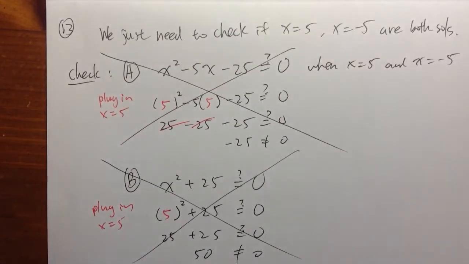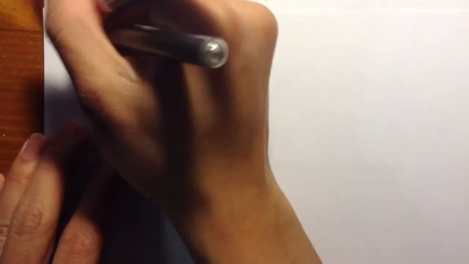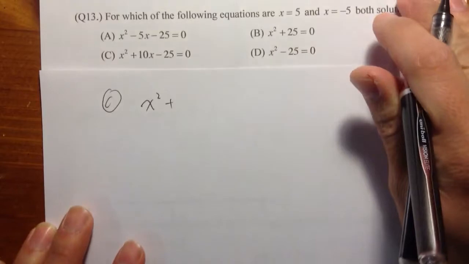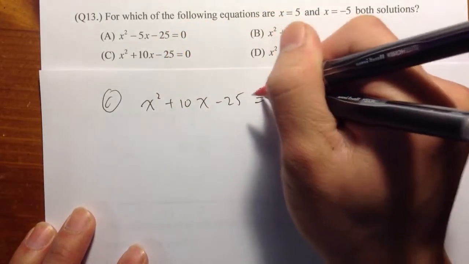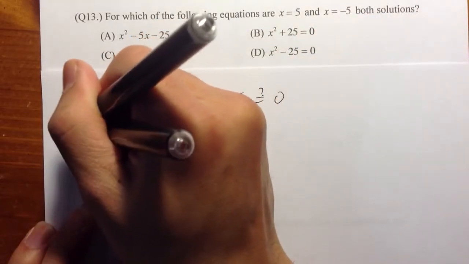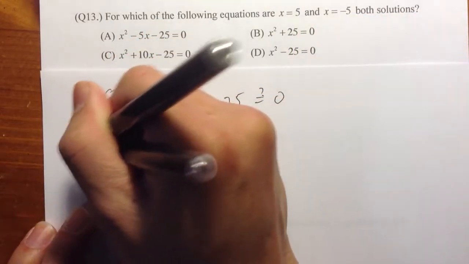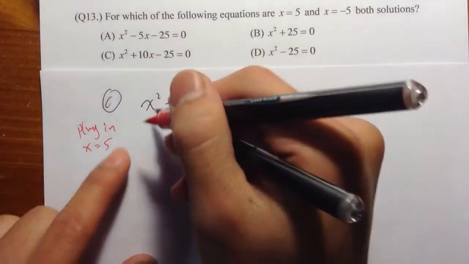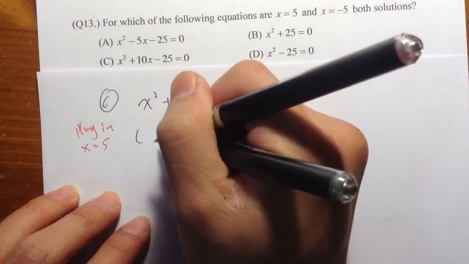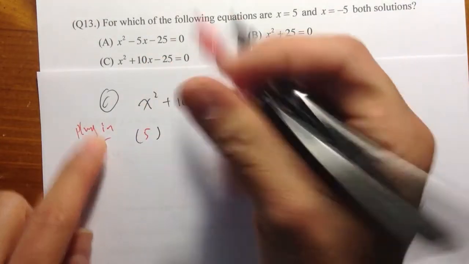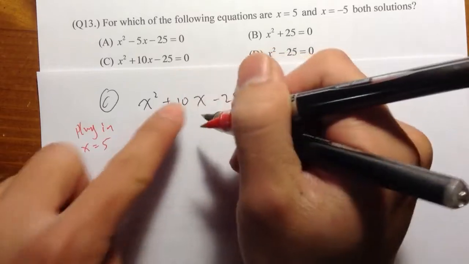Now let's check C. I have x squared plus 10x minus 25. Will that be 0 when I plug in x equal to 5? So, run through the calculation. I see the x squared, so I put parentheses, put a 5 inside, and I have the square, plus the 10.